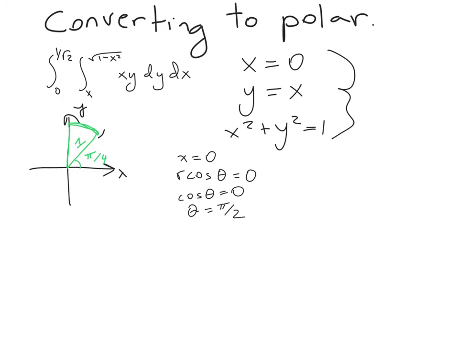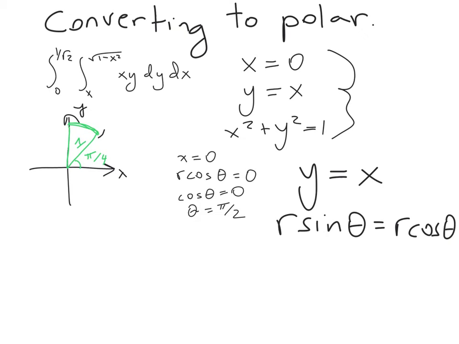Now let's do y equals x. We can rewrite y as r sine theta and x as r cosine theta. It doesn't make sense for the radius to be stuck at 0 because we're trying to describe this line.